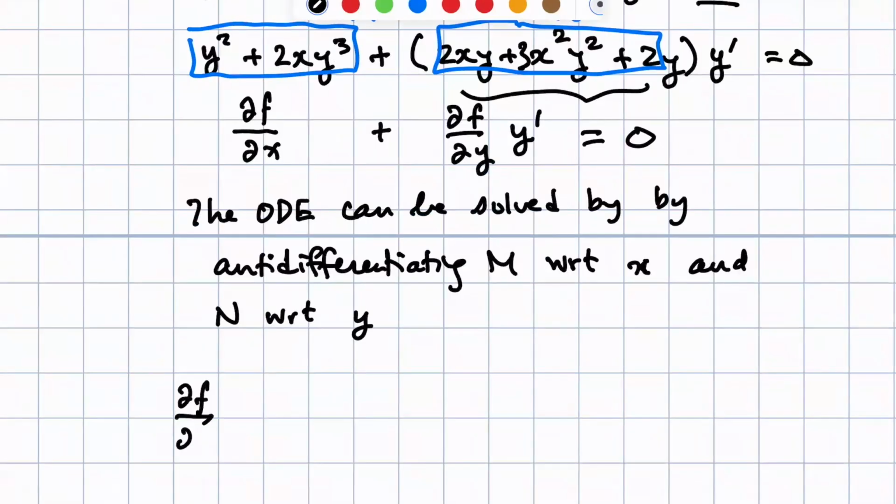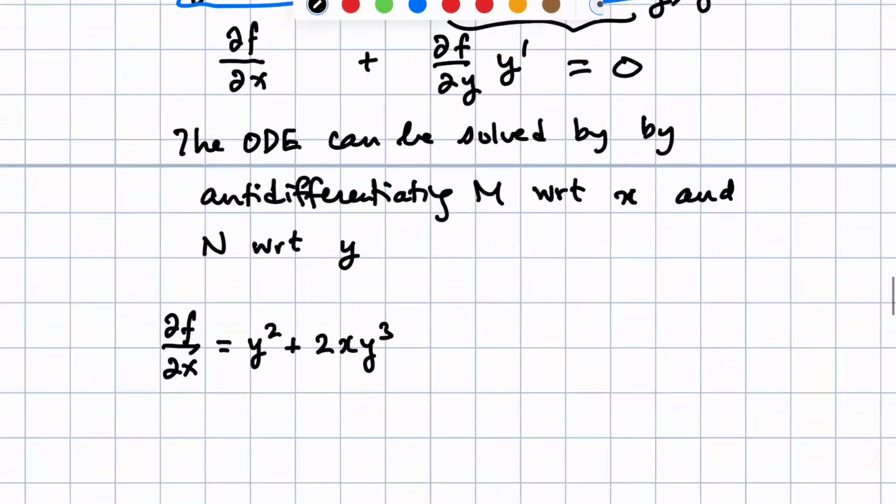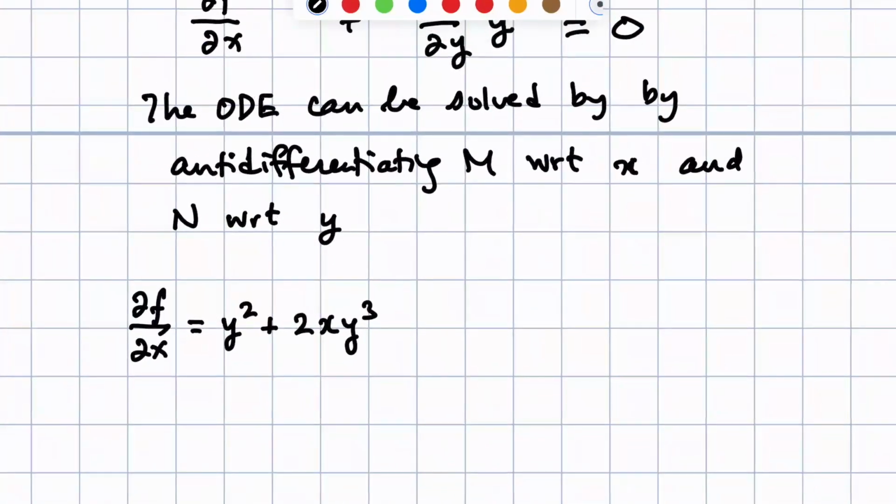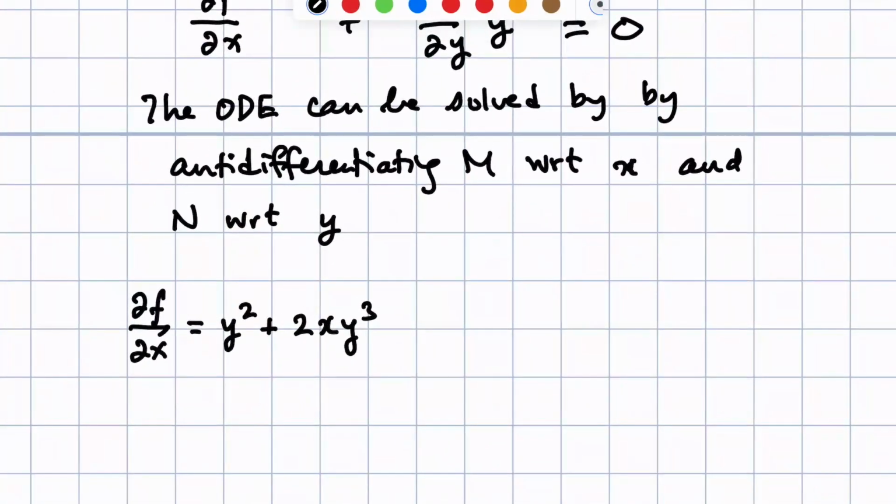So here, my df dx is equal to y squared plus 2xy cubed. So I'm going to anti-differentiate this with respect to x. So that means that f, y is a constant, so I get xy squared. I'm anti-differentiating in x, so I get an x squared y cubed.